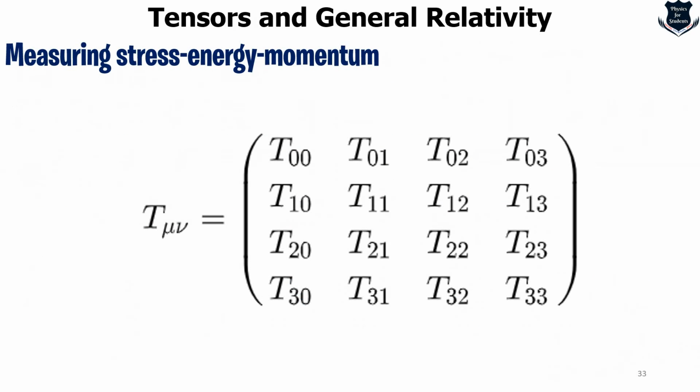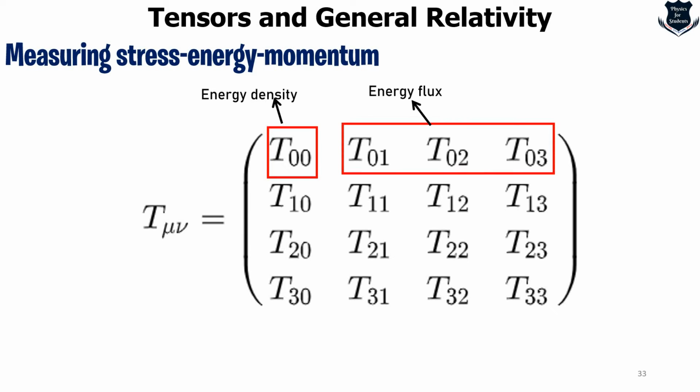The same happens with what we call the stress energy momentum tensor. That means this is a mathematical object which takes into account many things. The first part would be what is called the energy density. We will come to that part later. The second one is called the energy flux.